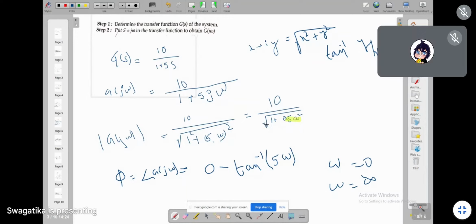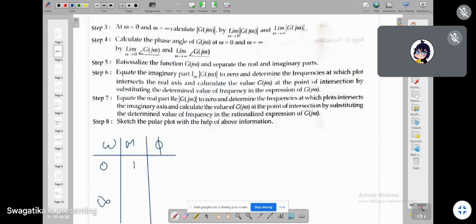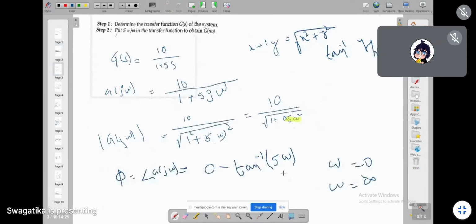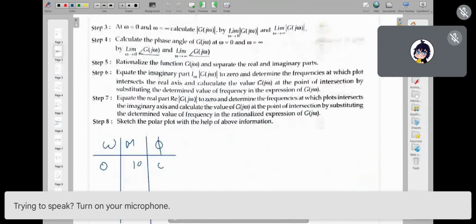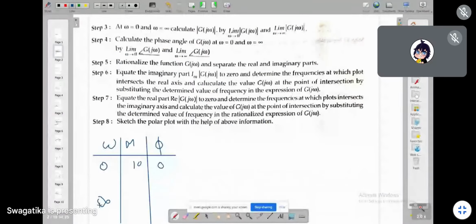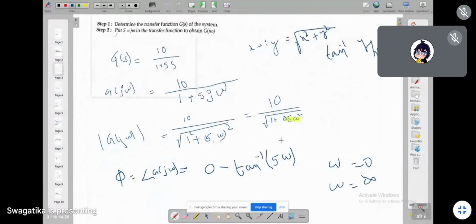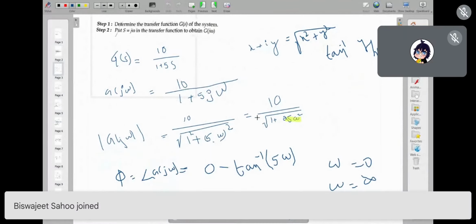So magnitude will be 10. Now the phase will be tan inverse 0, so that will be 0. Phase will be 0. Now put omega equals to infinity. So the denominator will be infinity, so 10 divided by infinity.